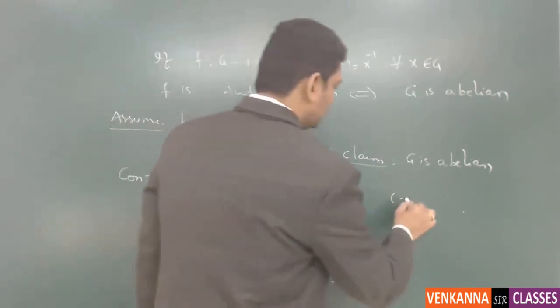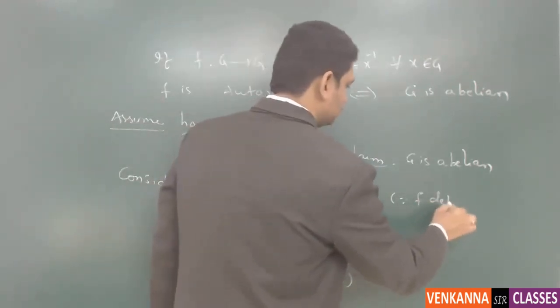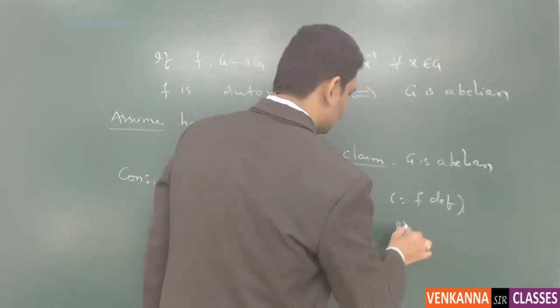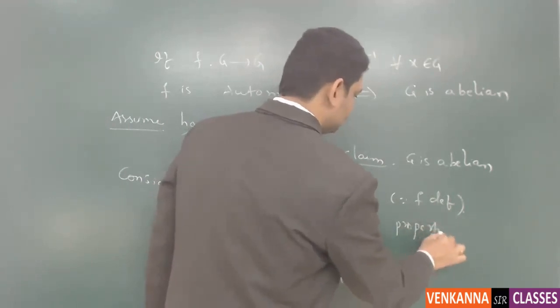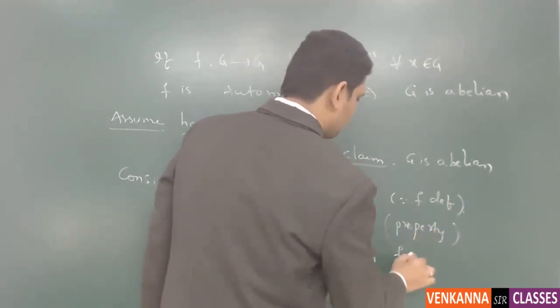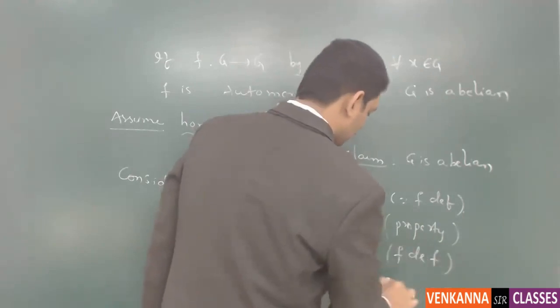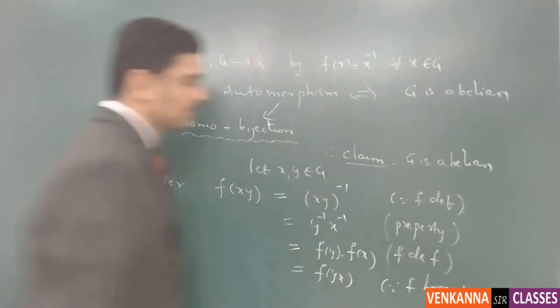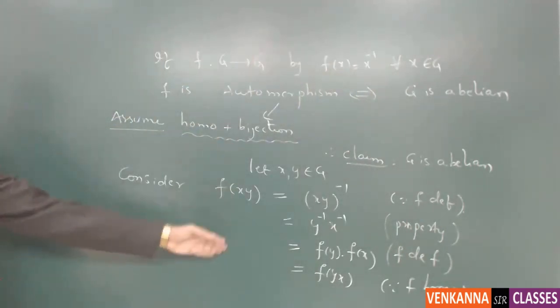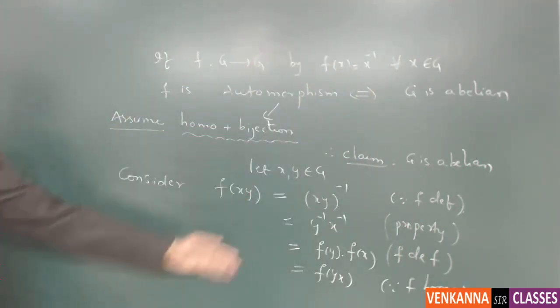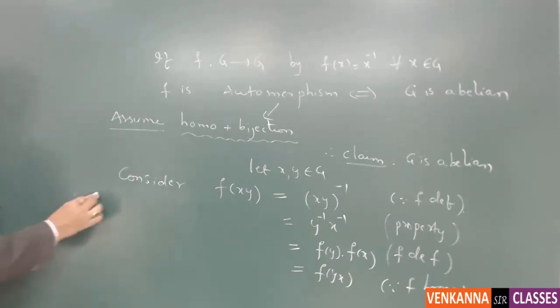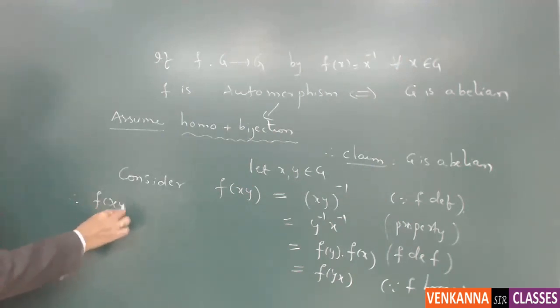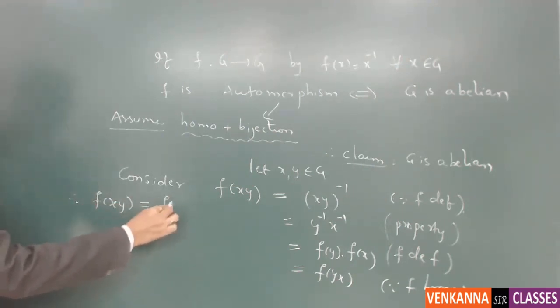How is this written? Since f definition, this is the inverse property. Again, you have written f definition. Since f is a homomorphism. So these are the reasons for my framing. Therefore, you got that f of xy is equal to f of yx.